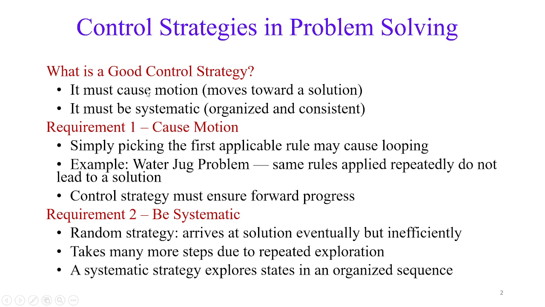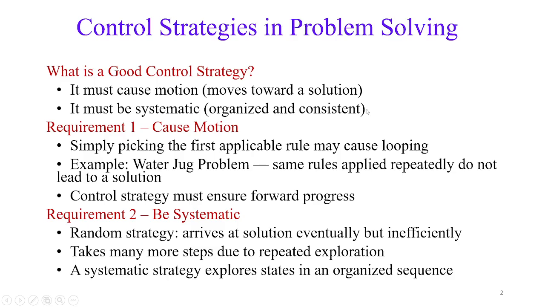Take the problem of going from city A to city Z. It should always start from A and progress towards the goal state, that is Z. That is, a good control strategy must cause motion. And it must be systematic, that is, it must be organized and it must have consistency.